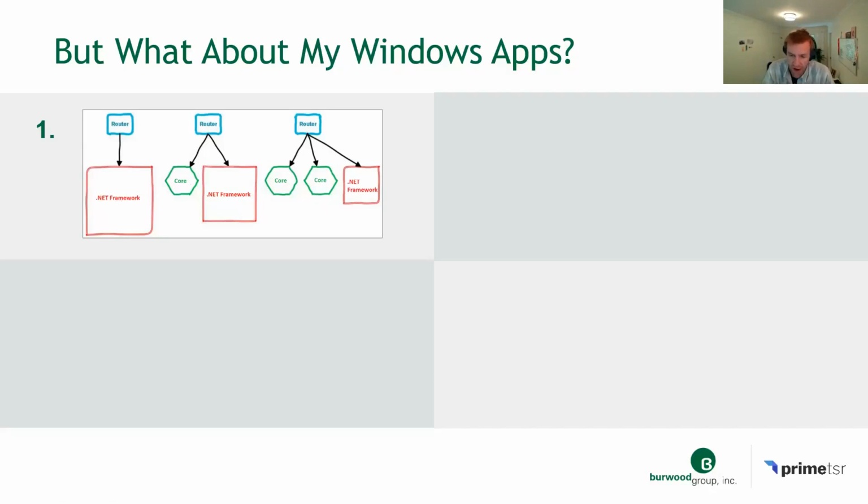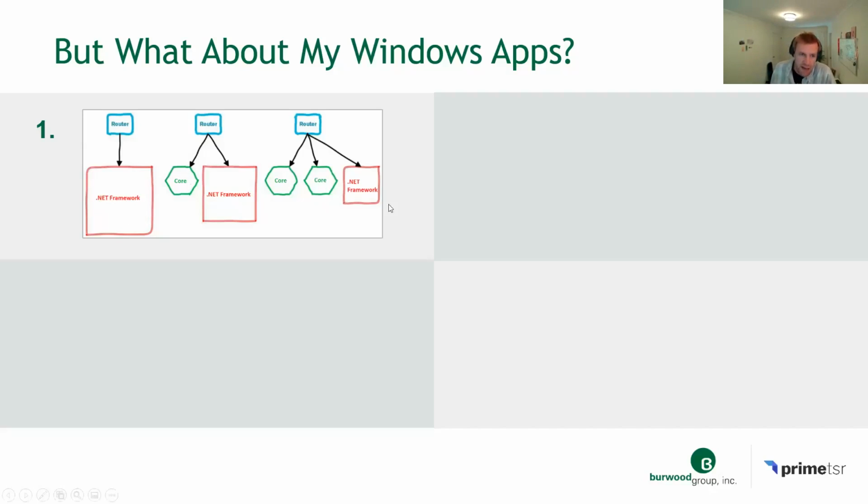So we can start writing new services in .NET Core. We can start moving some of our features and services out of .NET Framework, strangling that monolith and moving them over to Core as well. That's what we're going with here: shrinking down our monolith by strangling it, moving capabilities out into Core. So that's the first step for your Windows apps.